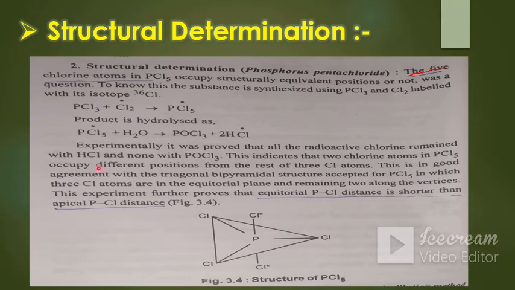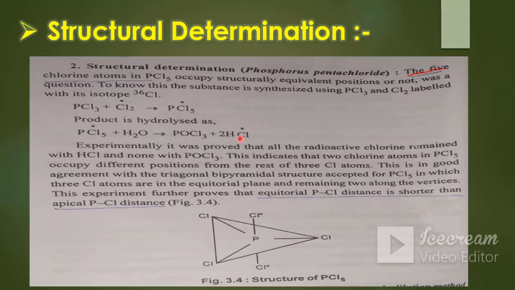So PCl3 plus Cl2 gives PCl5. The product is hydrolyzed, PCl5 plus H2O, that is a hydrolysis type of reaction, giving POCl3 plus 2HCl.